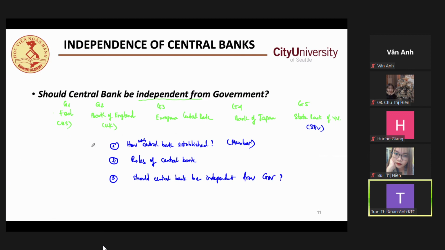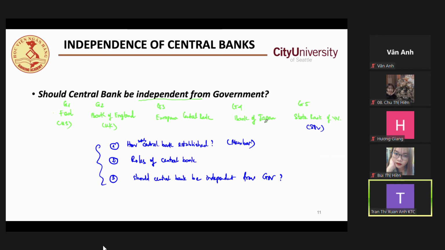Let's say when you mention the Bank of England, you answer the question: is the Bank of England independent from its government or not? Okay, so those are 3 main questions you focus on answering for me, referring to different central banks in the world. We have 5 groups, so we have 5 topics here.